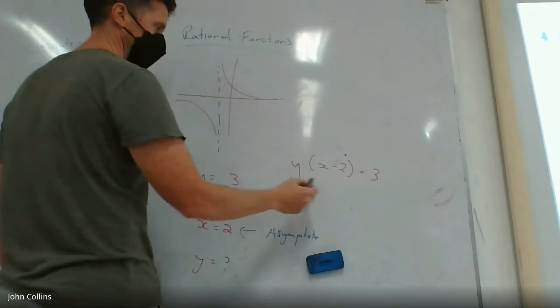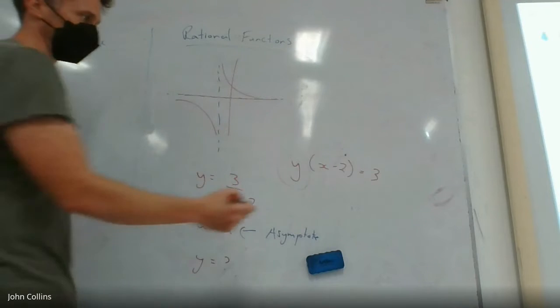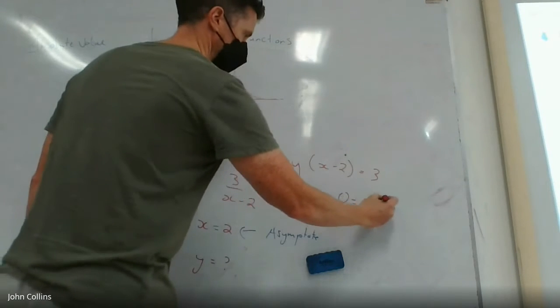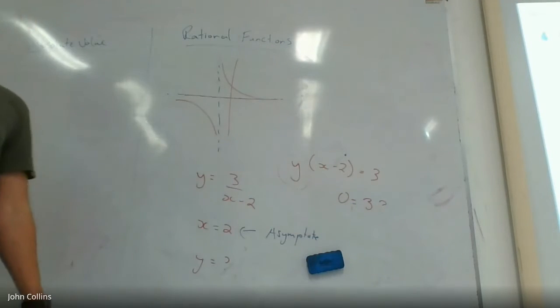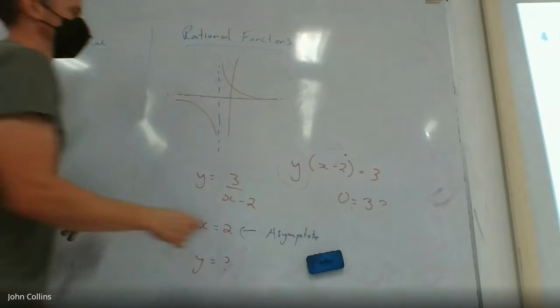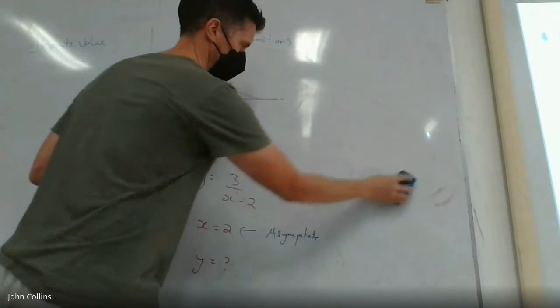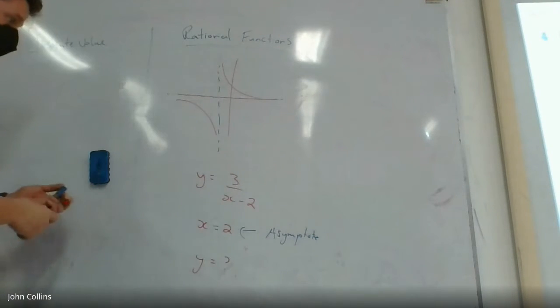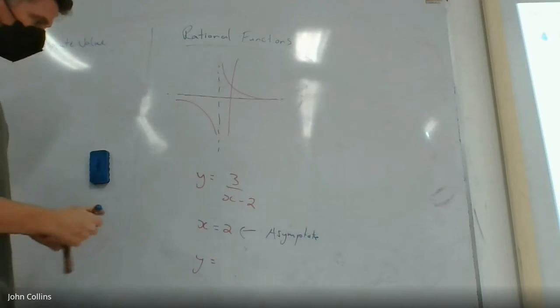If y is 0, you're multiplying all this by 0, and it's just 0 equal to 3. And that doesn't make any sense. So that shows me there's something wrong with the y output. 0 can never equal 3. So this has an asymptote, y equal to 0.